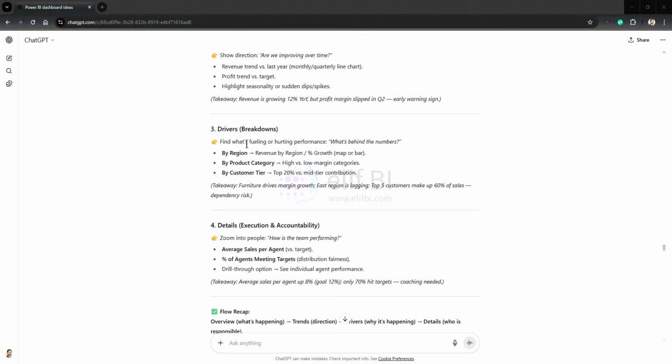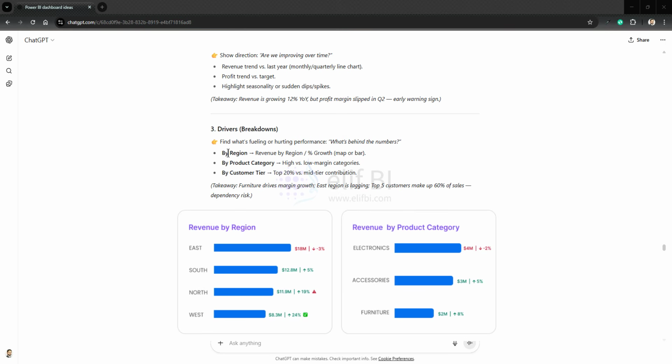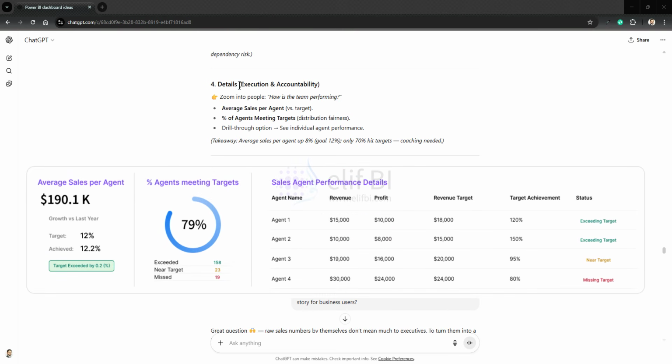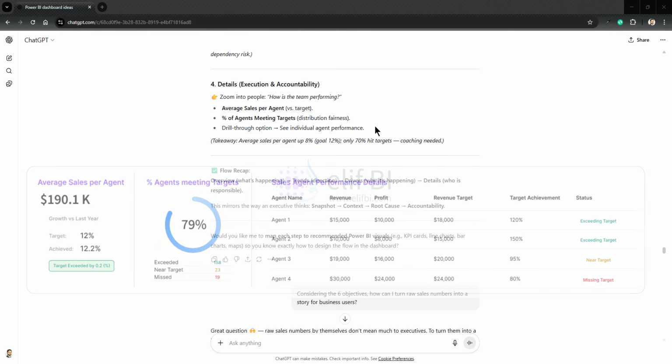Furthermore, we've got the drivers, which could be by region, product category, or customer tier, and with different examples, because these are the factors that would drive the growth of the revenue and the profit. And finally, we have the details, that is the execution and accountability, and that refers to the sales agents as well as the daily transactions or the sales agents' performances.